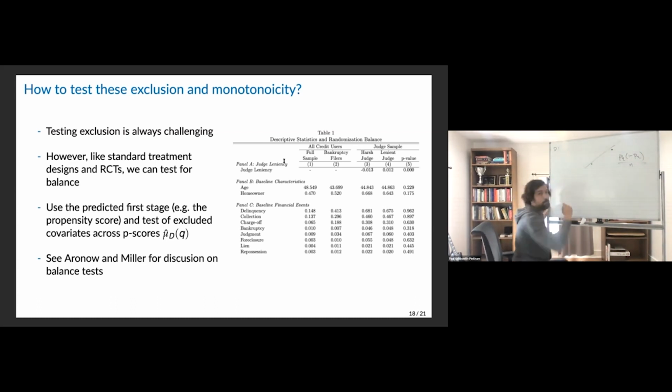You could split your p-score into high versus low, and compare the average of some Xi conditional on mu d greater than 0 minus those where it's less than 0. So harsh versus lenient, compare the means. It's not very complicated. But this is what is called balance.